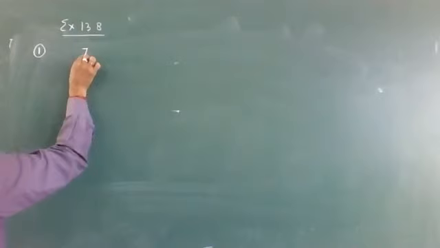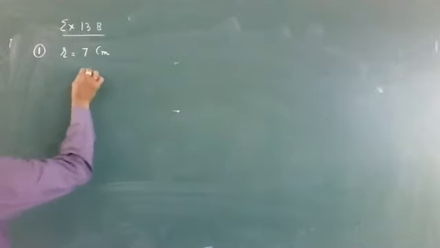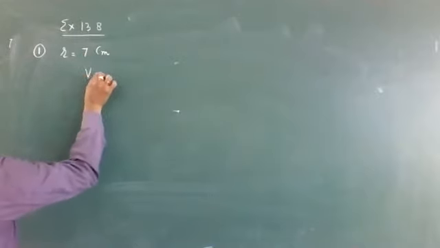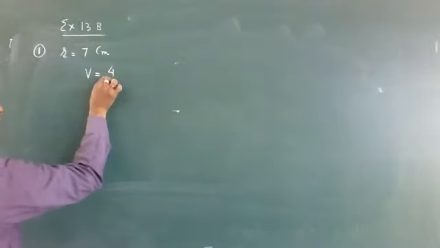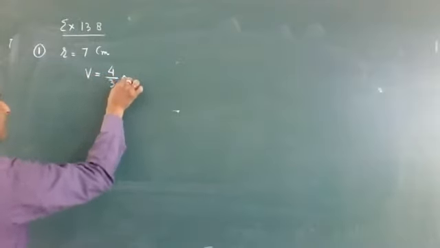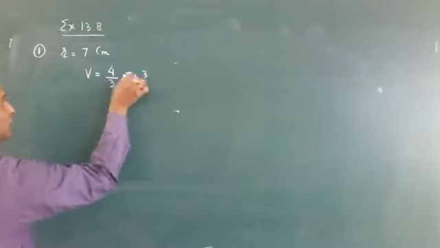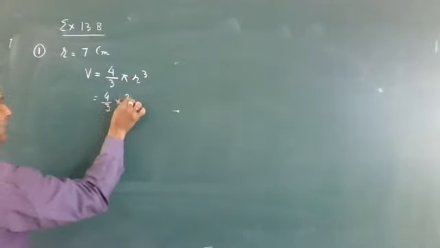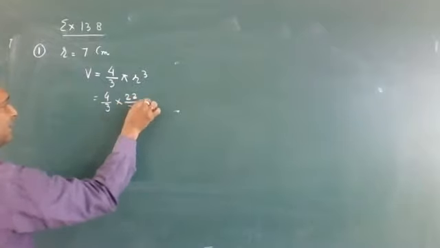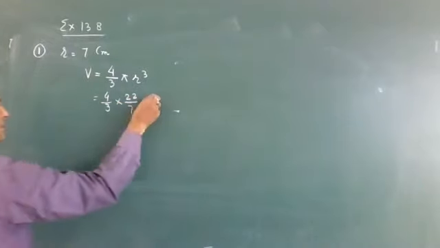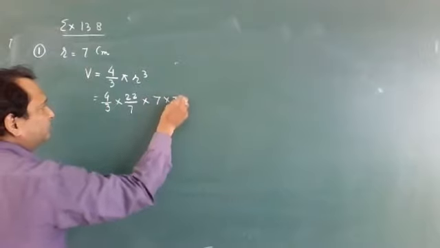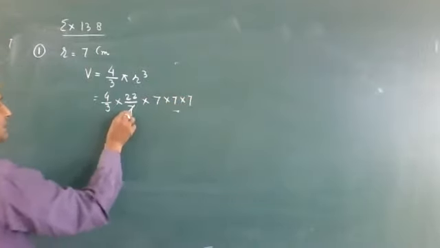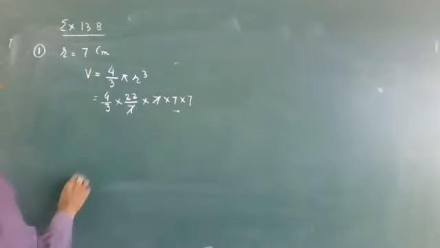Let radius, that is r, is 7 centimeter. We know that the volume of the sphere is 4 by 3 pi r cube. That is 4 by 3, value of pi 22 by 7, value of r, that is 7 cube. This 7 cancels with this 7.